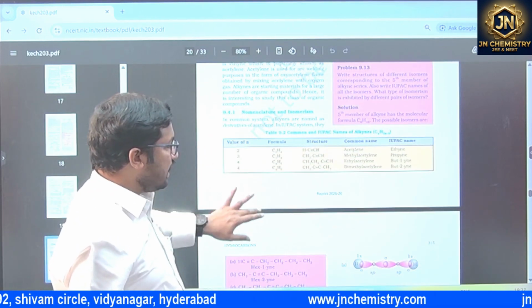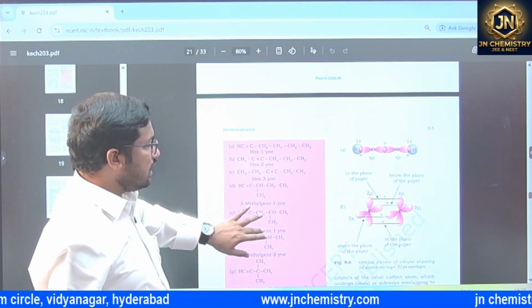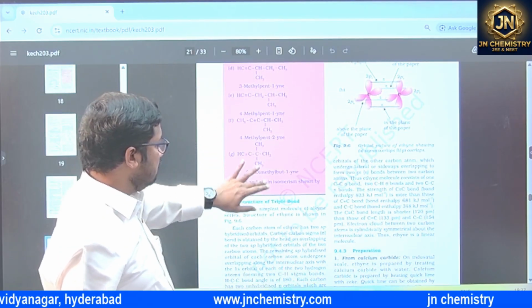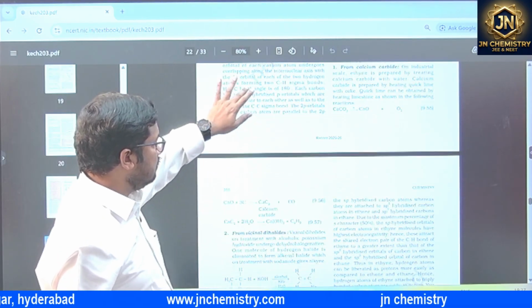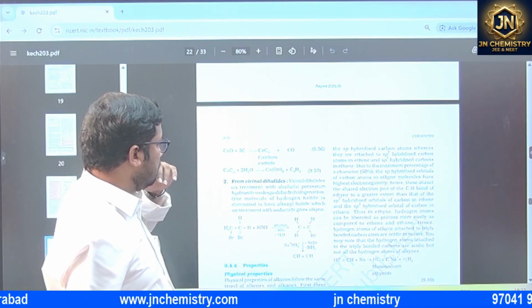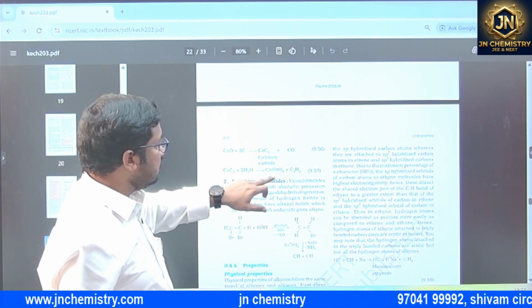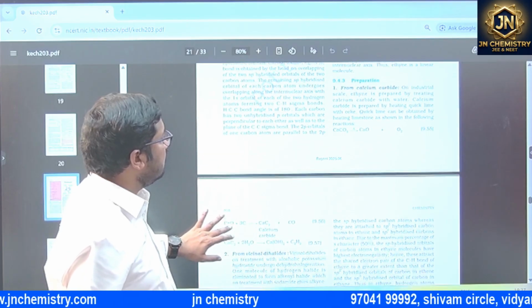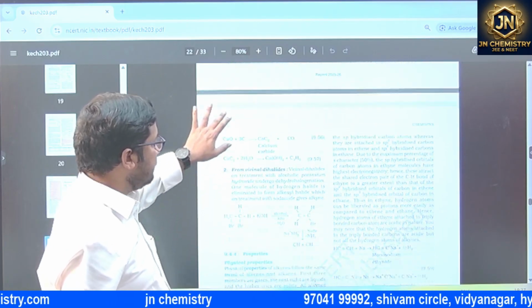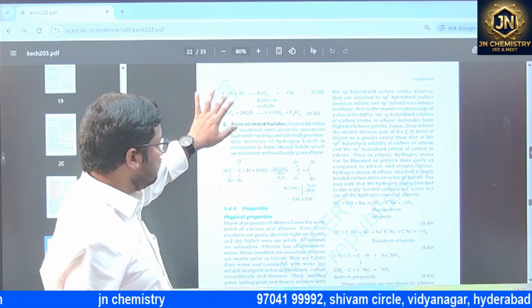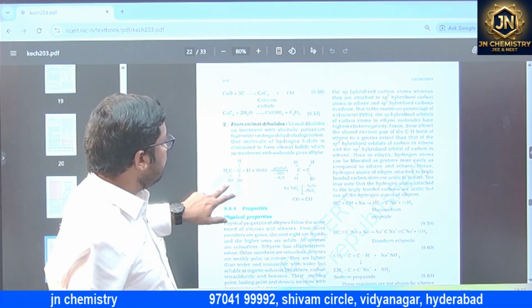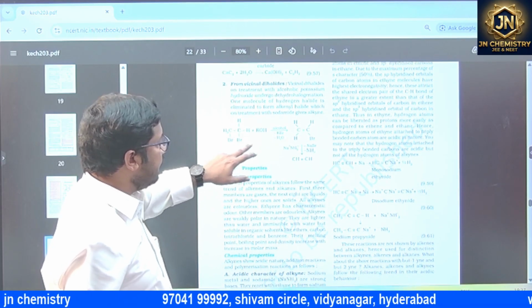So go through the alkynes. For alkynes, I already explained how to do it. From calcium carbide, on hydrolysis you get acetylene. And from vicinal dibromoalkanes, with alcoholic KOH or NaNH2.